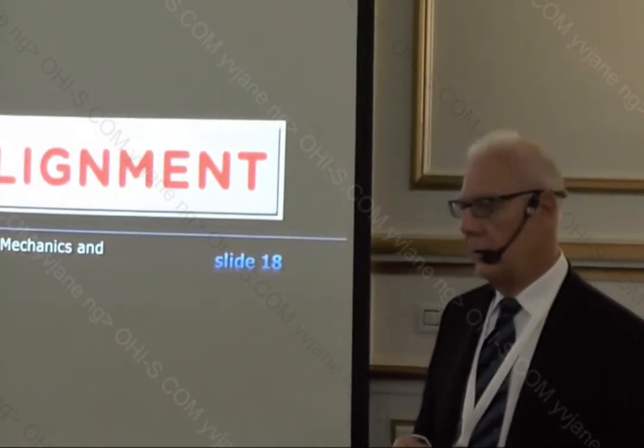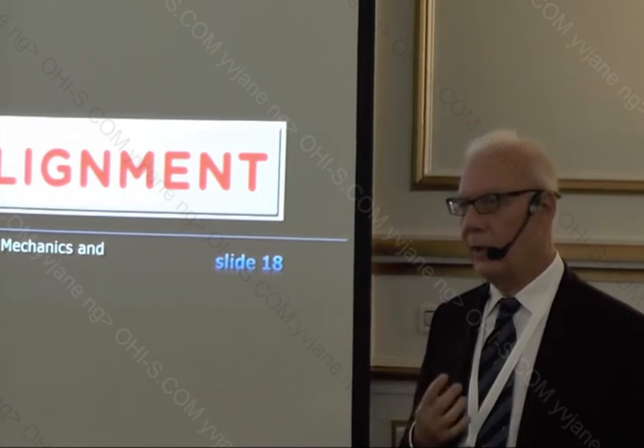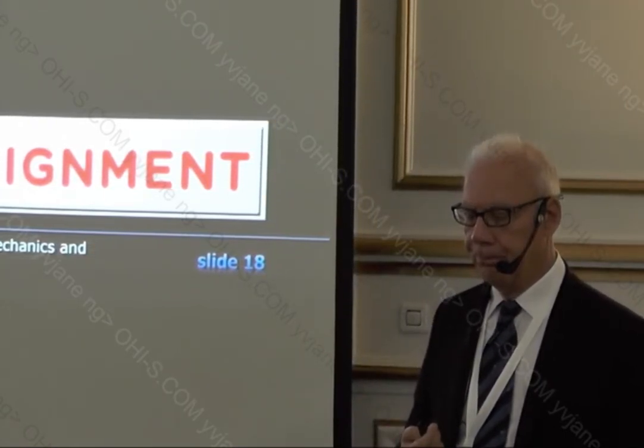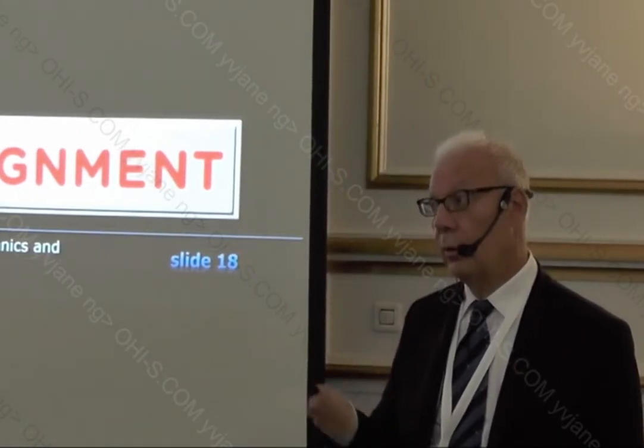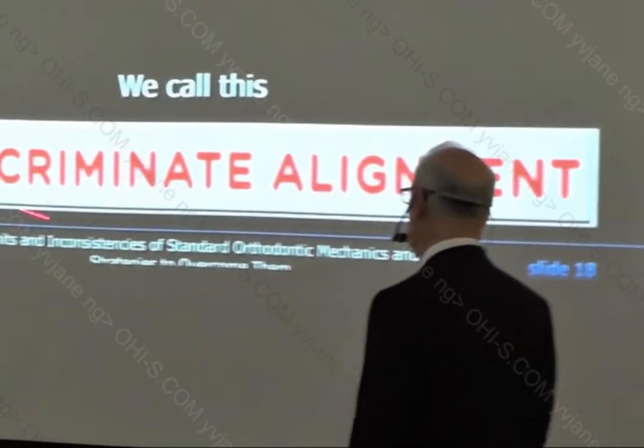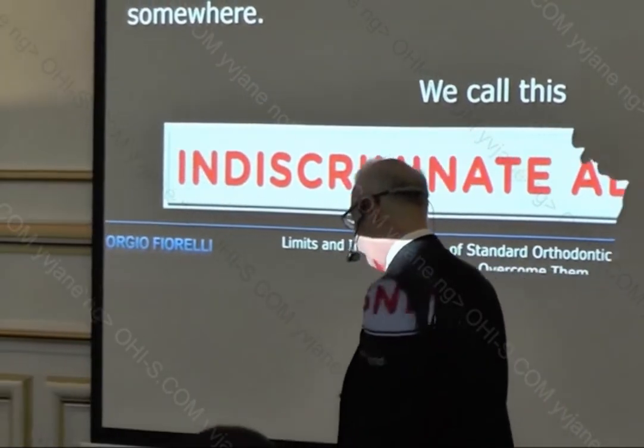But whatever you do in those cases, you are not doing anything to decide where the teeth will be at the end of the alignment. And we call this indiscriminate alignment.